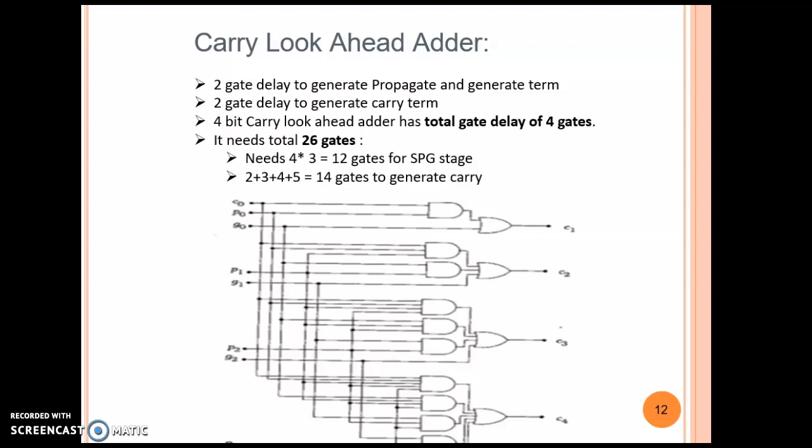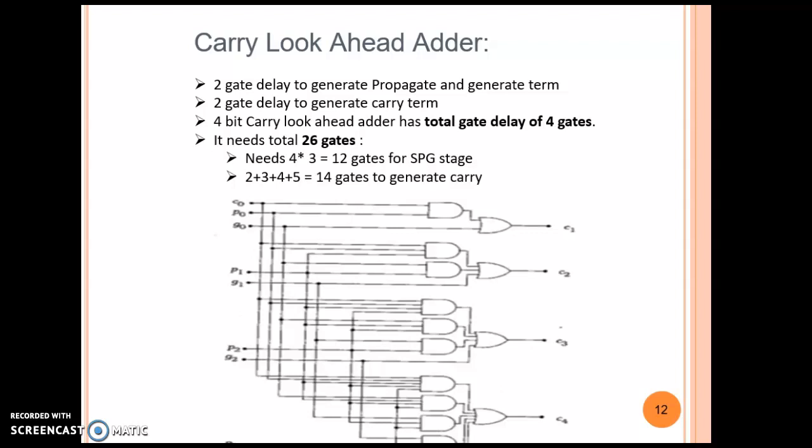If you go for 8-bit adder, the advantage is the gate delay is going to remain 4 gates only, but instead of 26 gates, the number of gates is going to increase. So for 4-bit, 8-bit, 16-bit, 32-bit, the number of gates required increases a lot.